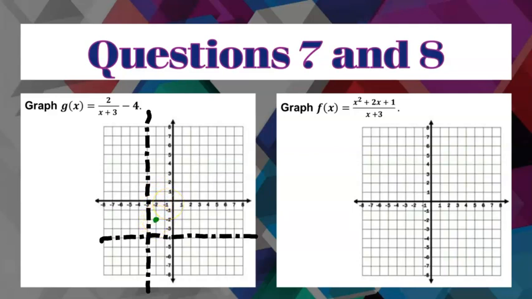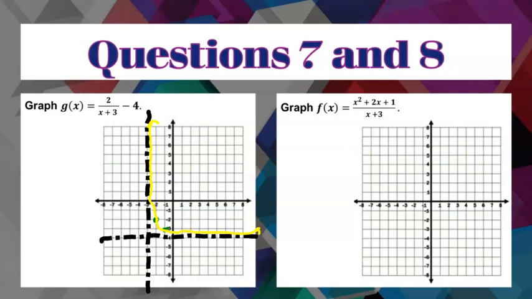Now if I put -1 in there, -1 plus 3 is 2. 2 divided by 2 is 1. 1 minus 4 is -3. So I have a point at -1, -3. So I can see that my line, as it approaches the vertical asymptote, comes down and hits this green point and then follows along this horizontal asymptote line.